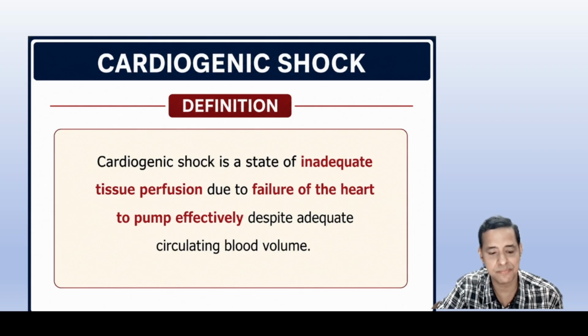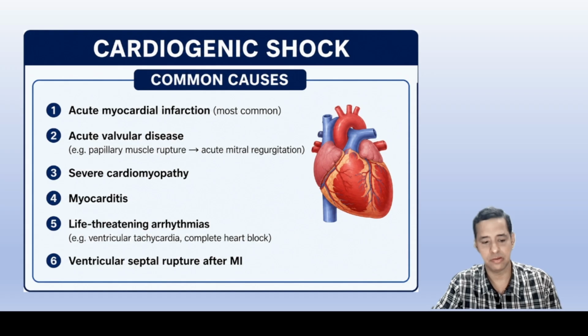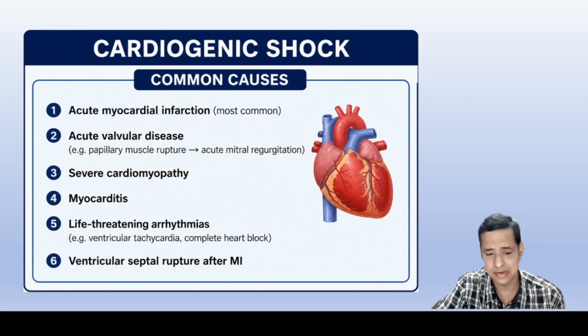So, in simple terms, cardiogenic shock is a state of inadequate tissue perfusion due to failure of the heart to pump effectively despite adequate circulating blood volume. Going to the next slide, this is about the common causes of cardiogenic shock. The most common cause is acute myocardial infarction, especially involving the left ventricle.